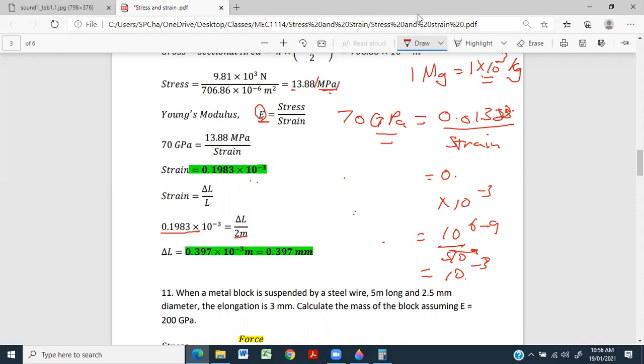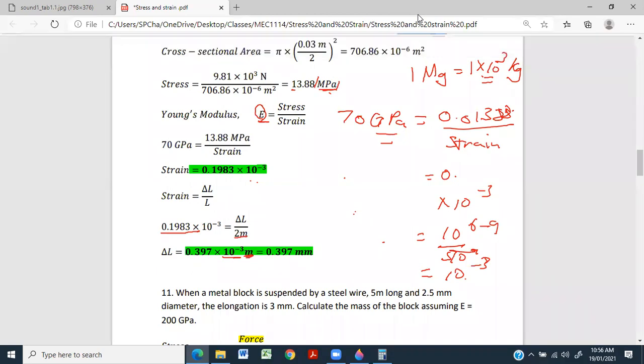Now, this 10 to the power of minus 3 is involved with it being meters, right? So if we move that away, essentially multiplying this number by 10 to the power of 3, we get 0.397 millimeters, right?